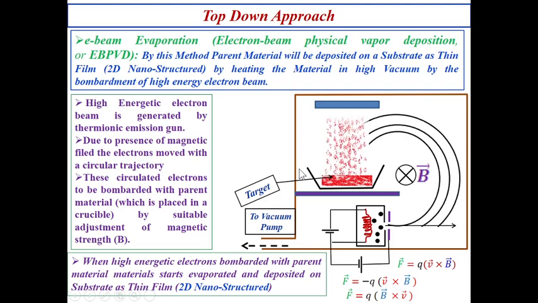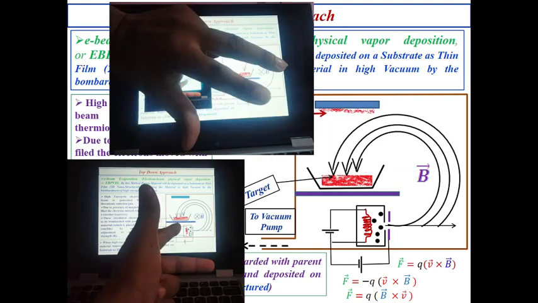Here you can see, concentrate over here. Consider that the magnetic field is directed inward to the screen of the computer. That means the first finger is directed inward, representing the magnetic field direction, this is the velocity direction, and this will be the force.